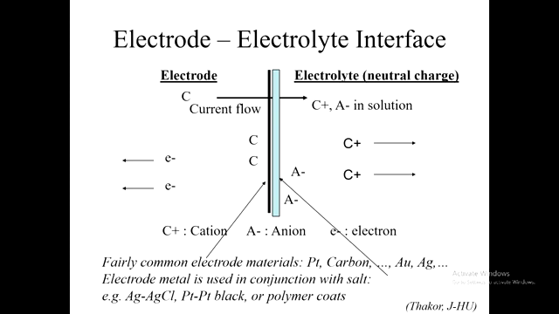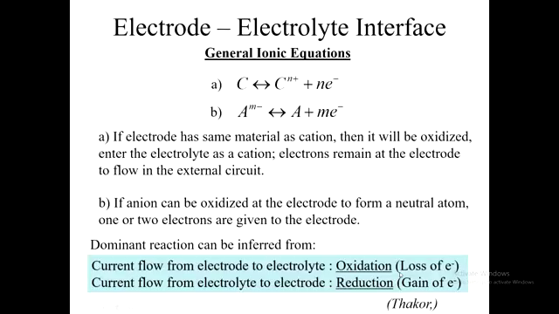I haven't messed with solutions on the bench for a long time, so you guys will probably have a feel for how electrode materials work in electrolytes. Here's the standard issue of a current flow progressing from an electrode to an electrolyte and probably back again, with common electrode materials being platinum, carbon, silver and gold.